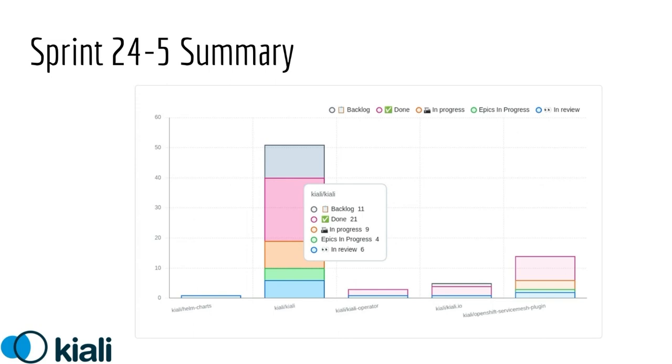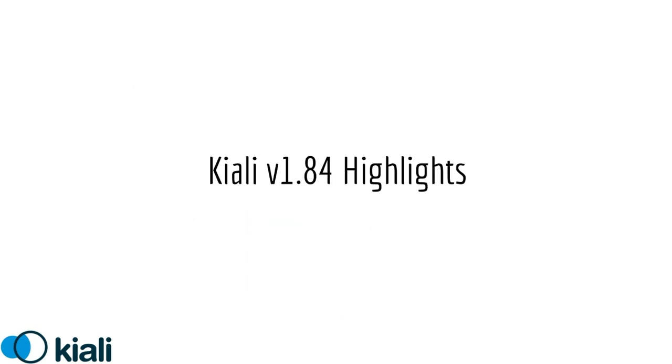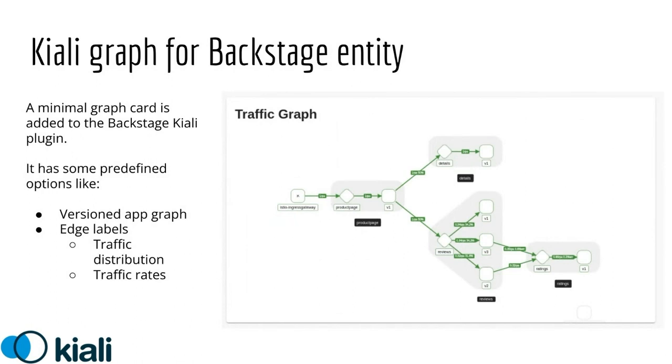So let's continue. Now we are going to talk about some highlights of this sprint that is ending. One of them is that we have been working on Backstage, adding a Kiali plugin, and this time we added a minimal graph version.